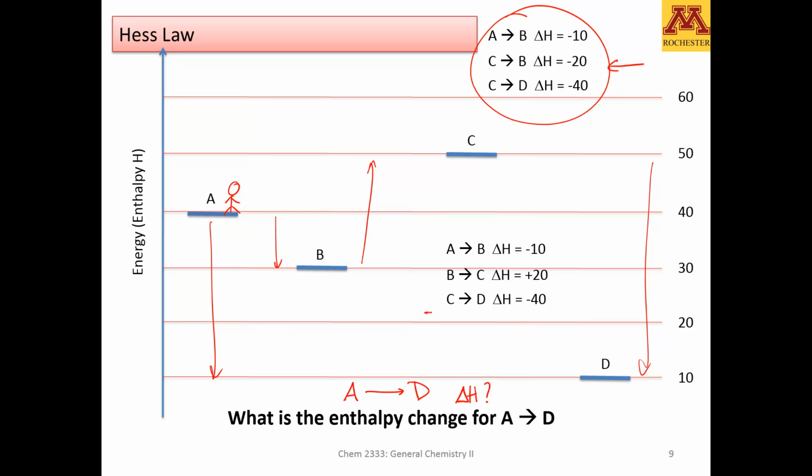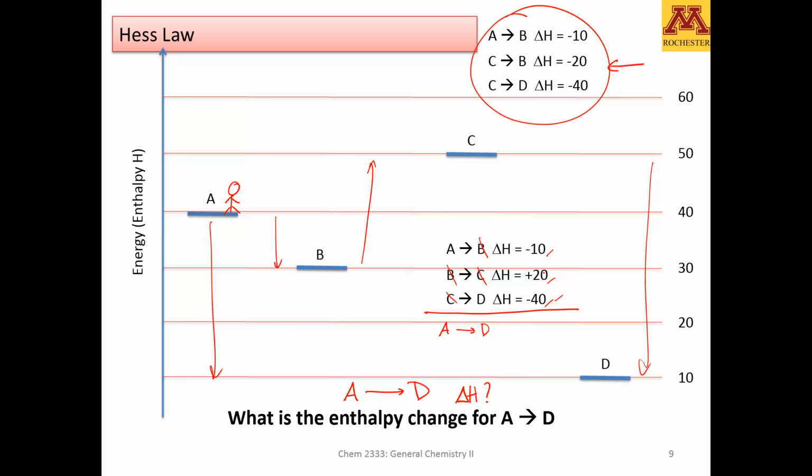Notice that if you combine the reactions in a way that B and C cancel out, A becomes whatever's left, which is D. Going down 1 floor, going up 2 floors, going down 4 floors, the overall is going down 3 floors.